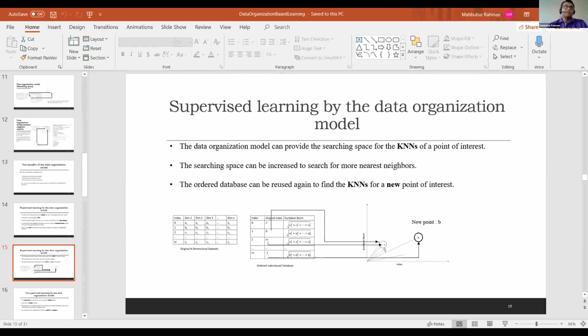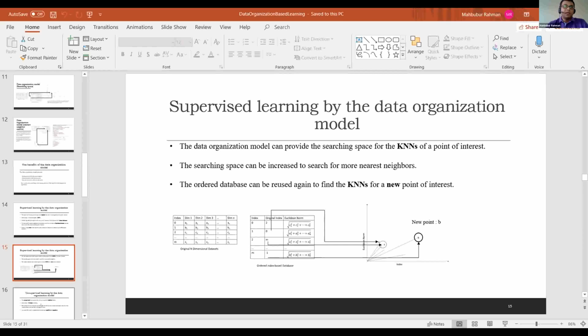And then this searching space can be increased to search for more nearest neighbors. And finally, this ordered database can be reused again to find the k nearest neighbors for a new point of interest, say a point that is indicated as B in this diagram. So in this way, this data organization model can help in this supervised learning algorithm.